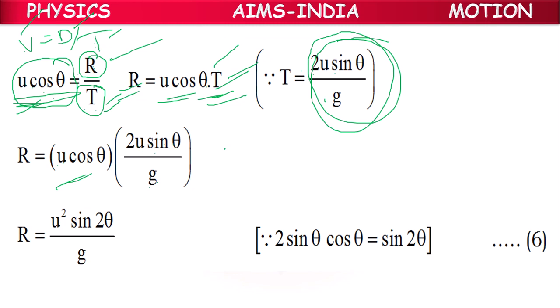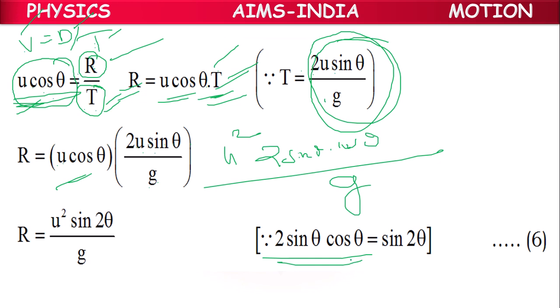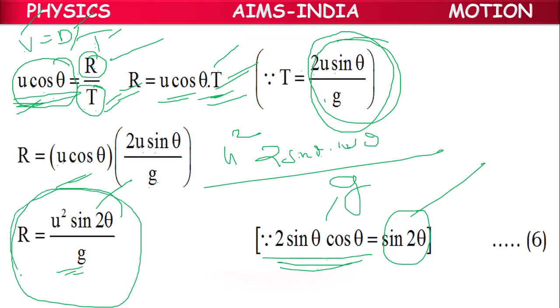So u into u, u square. Here cos theta, 2 sin theta. We can write it as 2 sin theta into cos theta by g. But 2 sin theta into cos theta in trigonometry is equal to sin 2 theta. So u square, this we can replace by sin 2 theta by g. This is the formula of horizontal range.